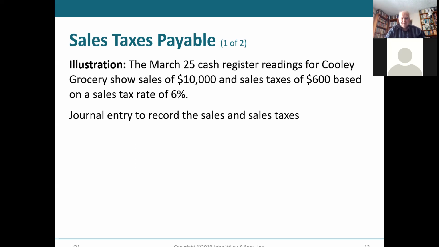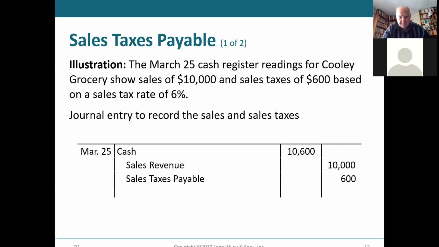We're going to have to record those sales and the sales taxes. Our revenue is going to be the $10,000, the sales tax is going to be the $600, and the balance will be the payable. So we received $10,600 in cash from our customers.